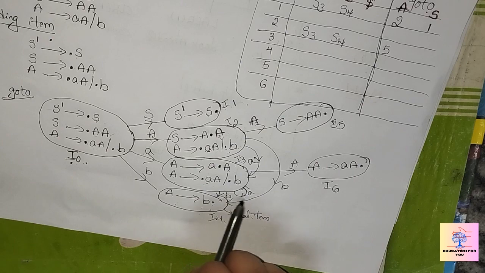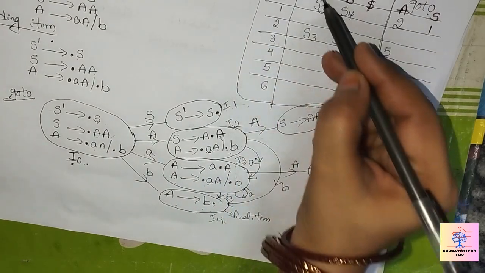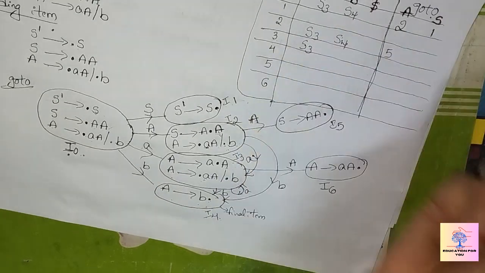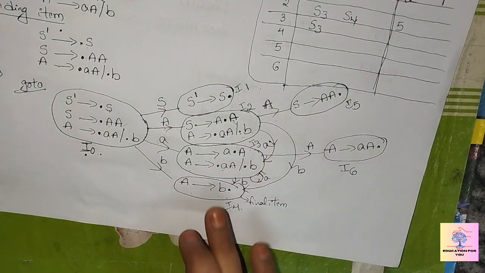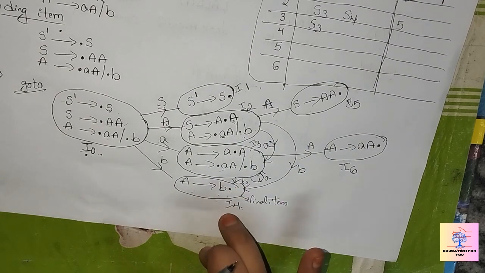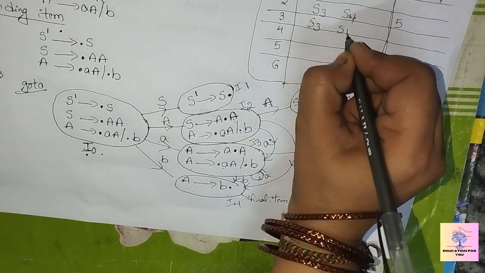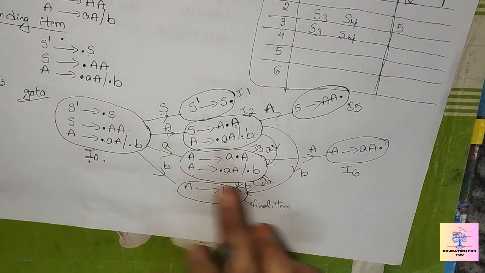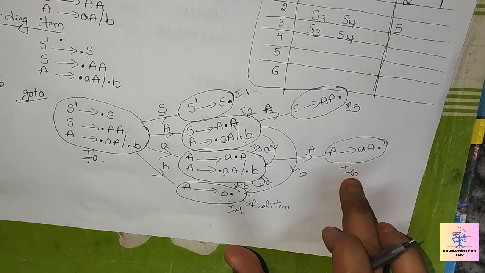Okay, and from 3 to small a, what are you getting? The recursion here, it is the same state, that is S3. Okay, and from 3 to b, which state are you getting? I4, that is S4. Okay, and from 3 to capital A, what are you getting?